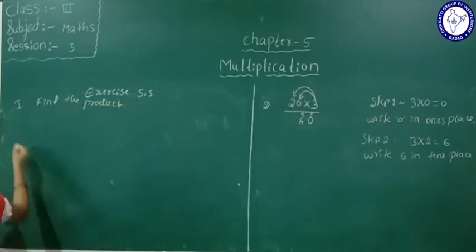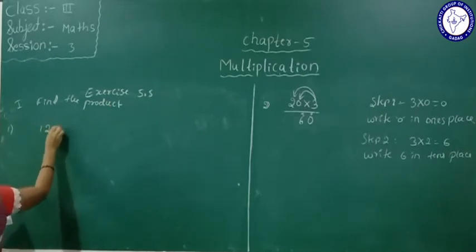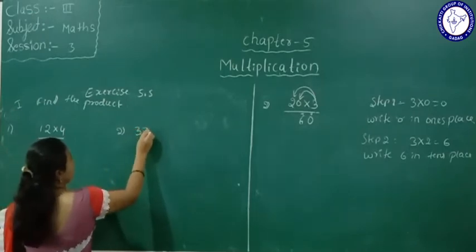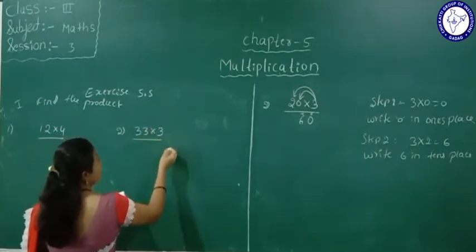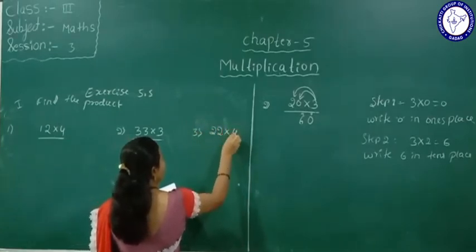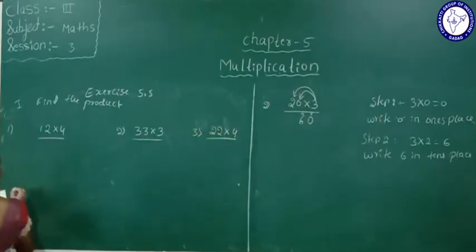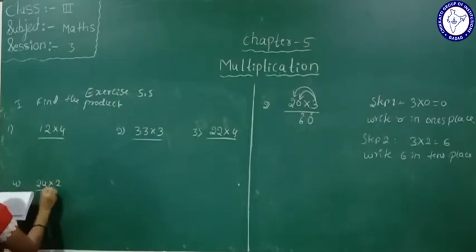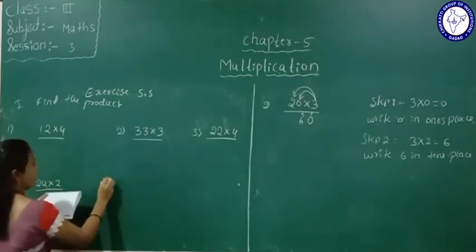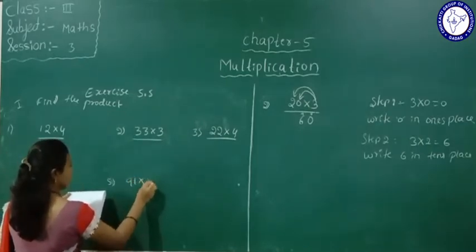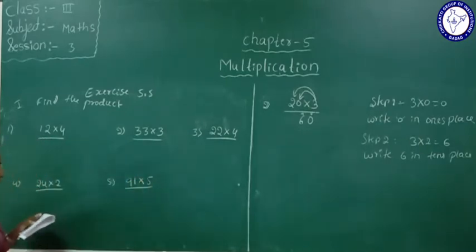They have given here: first one 12 into 4, second one 33 into 3, third one 22 into 4, fourth one 24 into 2, fifth one 91 into 5. Okay, we'll do this one now students.